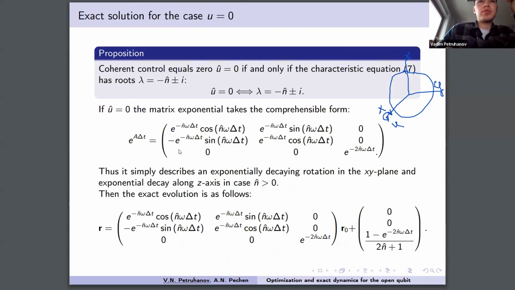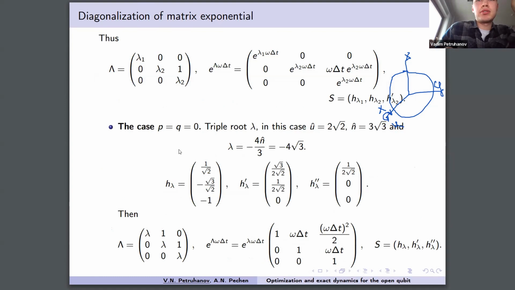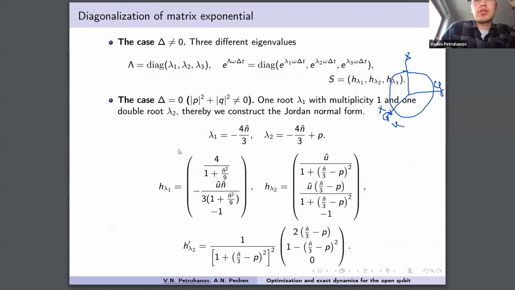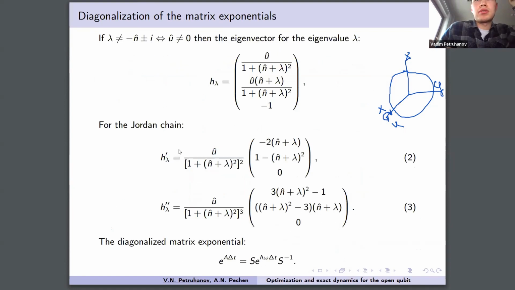Also, we can see here that these formulas are true if the denominator here doesn't equal 0, and it turns out that when this denominator 1 plus n plus lambda squared equals 0, it is if and only if coefficient control U equals 0.